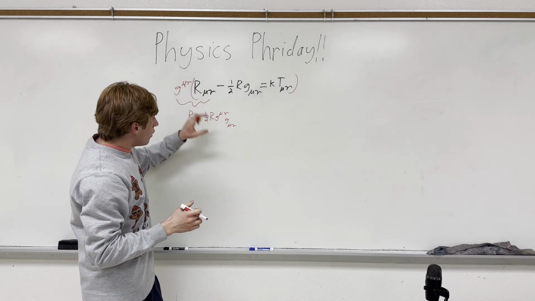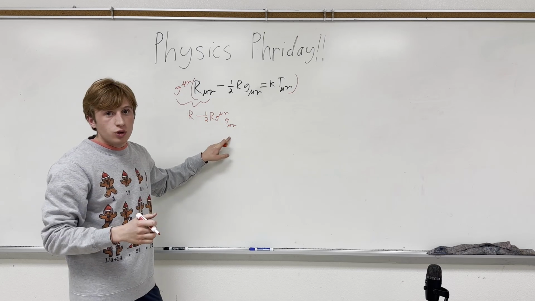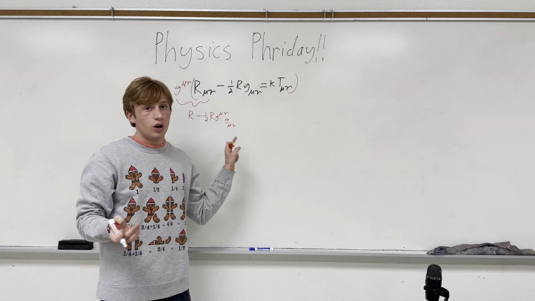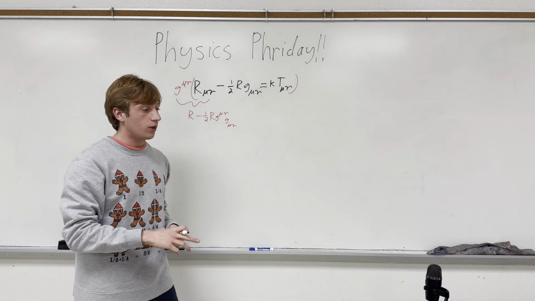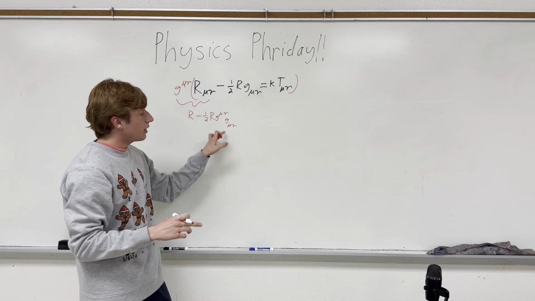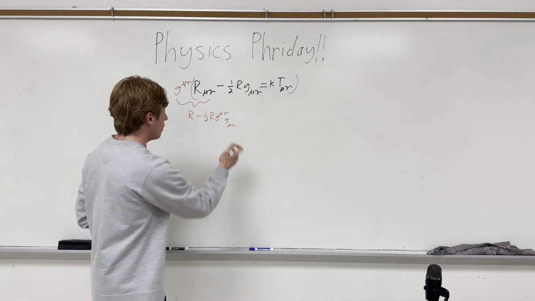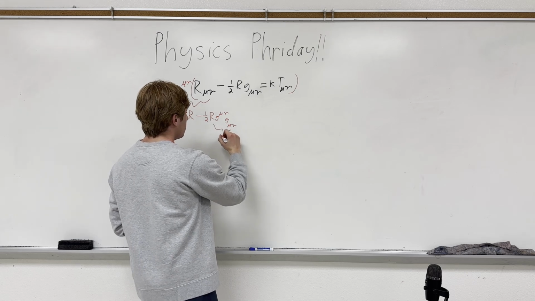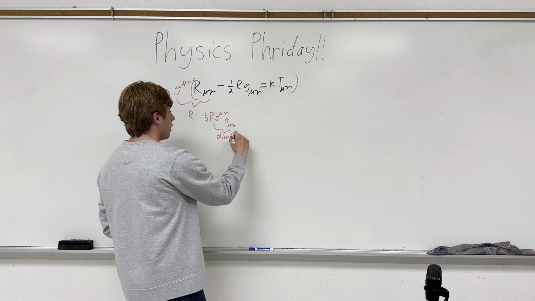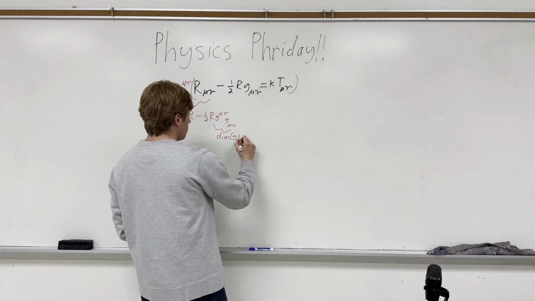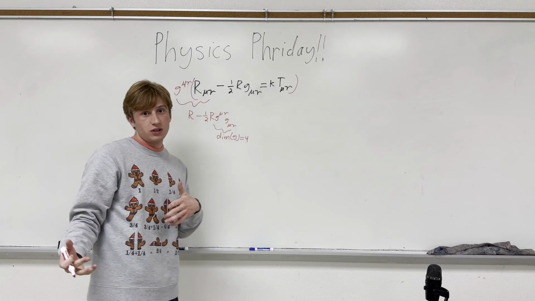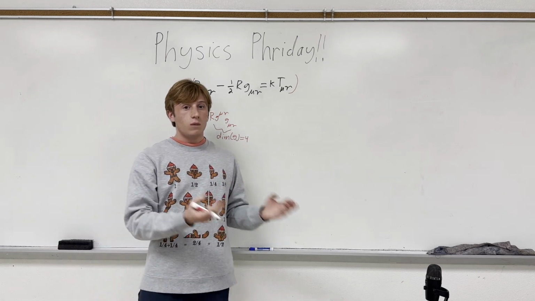Here we have g mu nu times g mu nu, but we know that these matrices are just going to be inverses of each other, and multiplying them together like this is just going to give us the trace. So what we have here is just going to be the dimension of g, which in this case is just going to be 4, because we're working in 4-dimensional space-time, 3-dimension space, 1-dimension time.